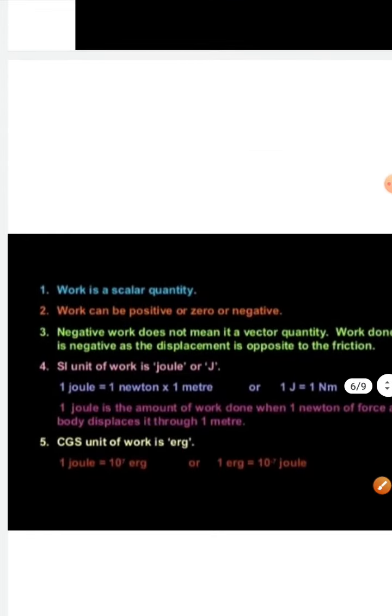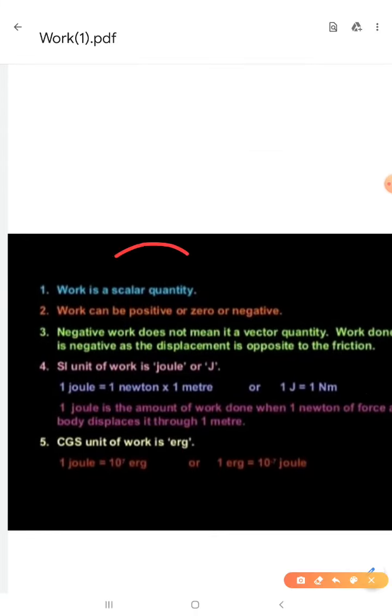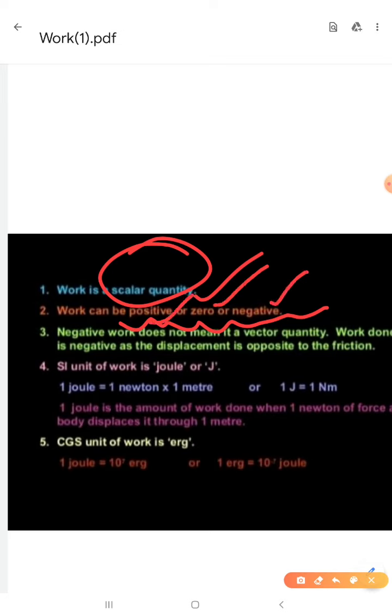Let me tell you something more about work. Work is a scalar quantity. It can be positive, negative and zero. I will explain how work is positive and how work is negative. This is a very important point: we are saying that it is negative, positive or zero, but it doesn't mean that it is a vector quantity.